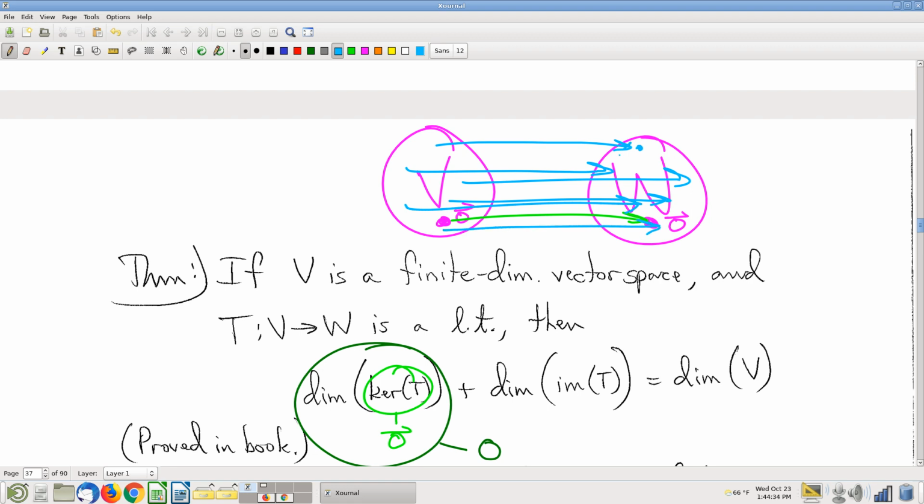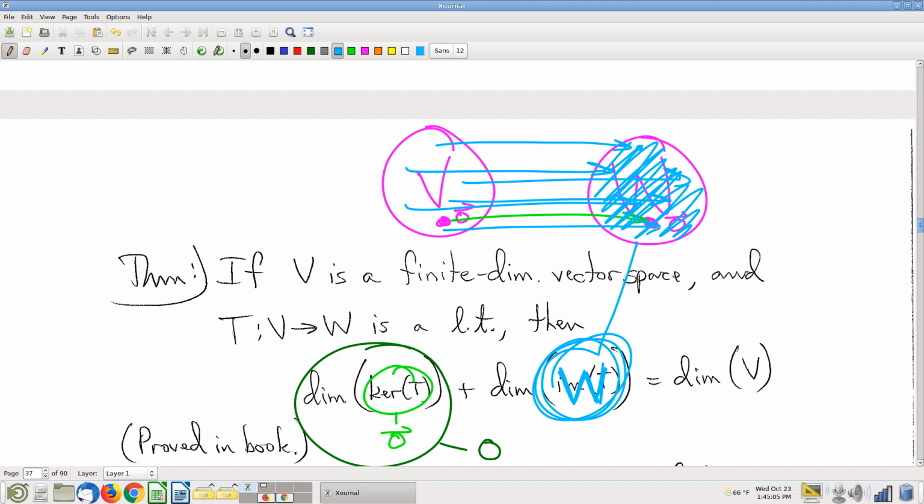So that means that the image is actually the entire target. For every output, there's exactly one corresponding input. Therefore, every vector in the target has a corresponding preimage. So that means that the image is the entirety of W. These conclusions that I've just drawn, the green argument, if you will, tells us that the dimension of the kernel is 0.